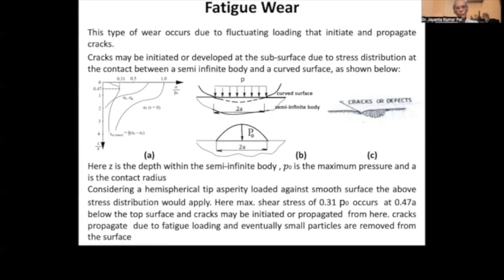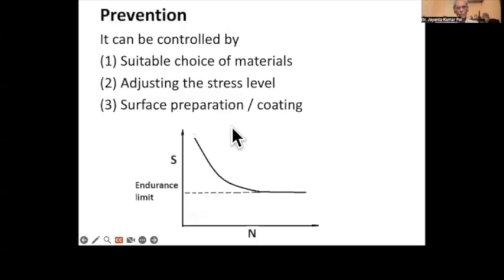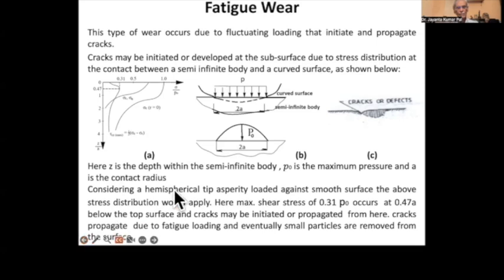So the contact is here, and we have a flat surface made. The curved surface becomes flat at the contact zone, and then there is a pressure stress distribution.